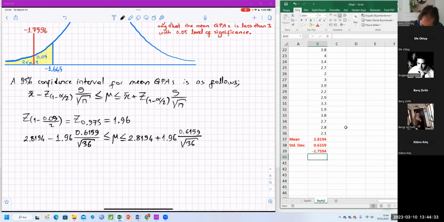So the lower bound I find out is 2.6182, less equal mu, less equal, and this is the upper bound, 3.0206.